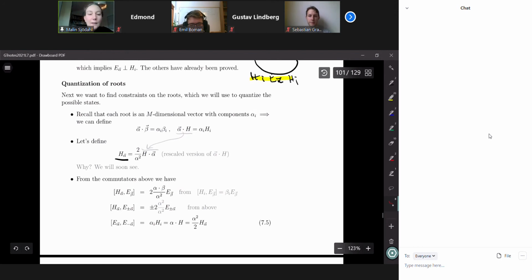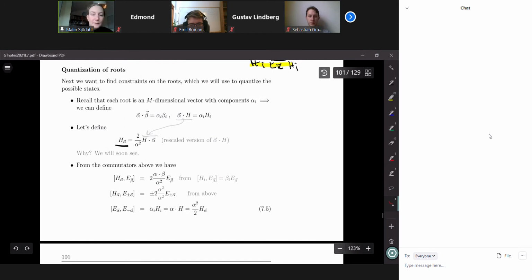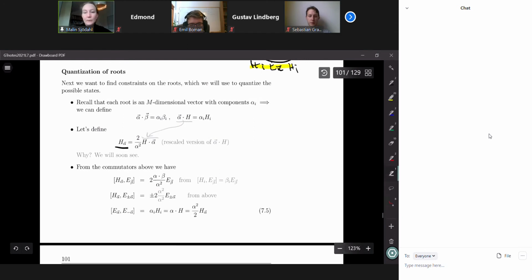Then, as a special case of this, I can take H alpha with E plus minus alpha. And I have here plus minus alpha squared, or alpha squared cancels, of course, so I have 2 E plus minus alpha. So this thing came from just here.